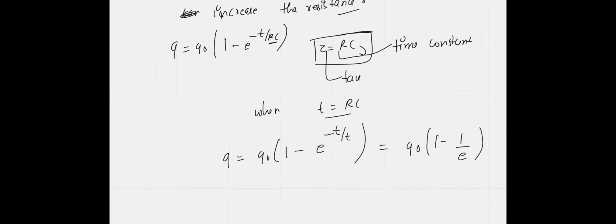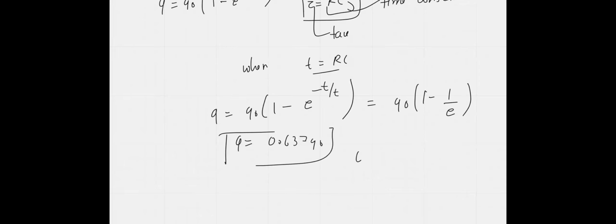So this will come out as 0.637 times Q naught. It means when your time goes from 0 to the RC value, the capacitor is going to get charged to 63.7% of the total value. Is this clear?